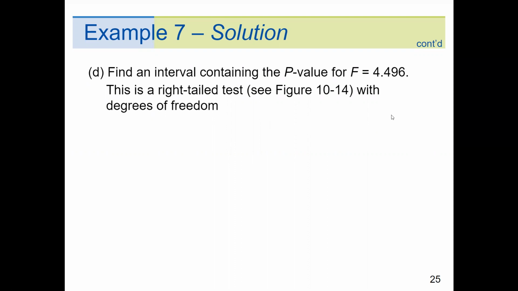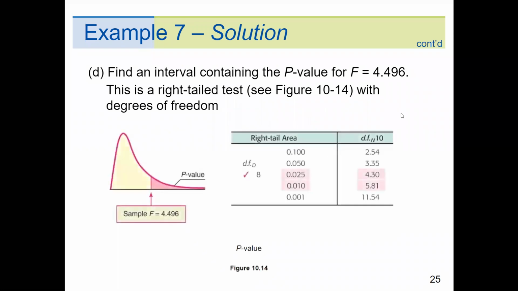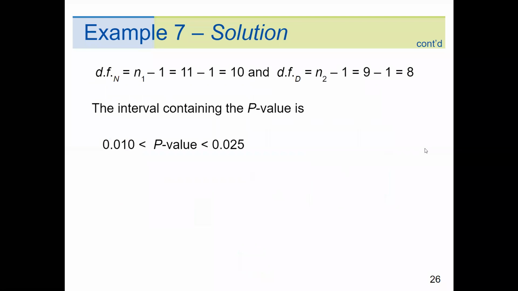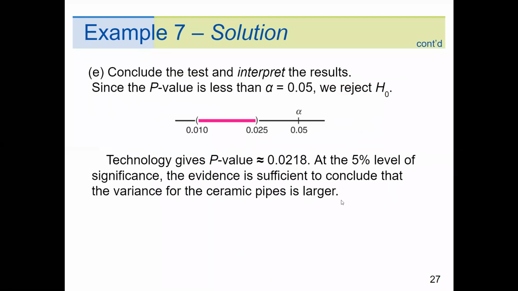This is a right-tail test with degrees of freedom 10 and 8. And you can go back to the other slide if you need those. Degrees of freedom for numerator was 11 minus 1, which is 10. Denominator, 9 minus 1, which is 8. So the interval is between 0.010 and 0.025.